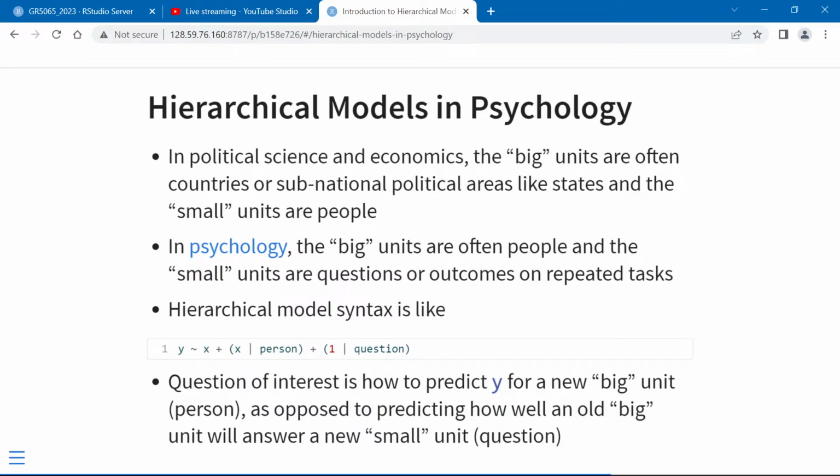The syntax is the same, and in psychology, I think most of it looks like this. You have some outcome, which is your score or whatever on the task, and that may vary depending on some X characteristics. But the people that you get, one, they're not really a random sample. They're just like whoever would take your $20. But whatever, they're big units.